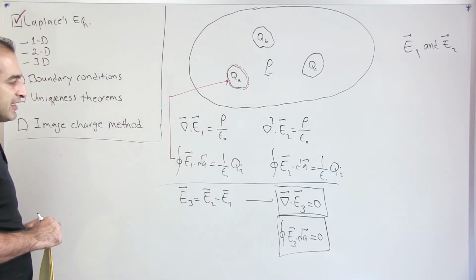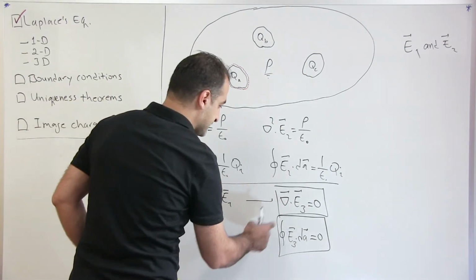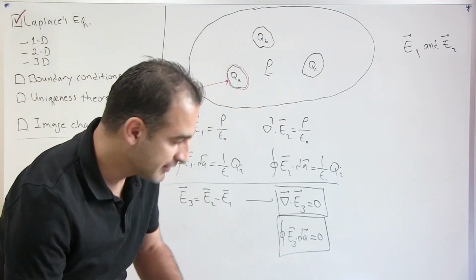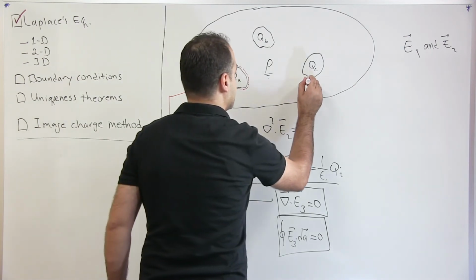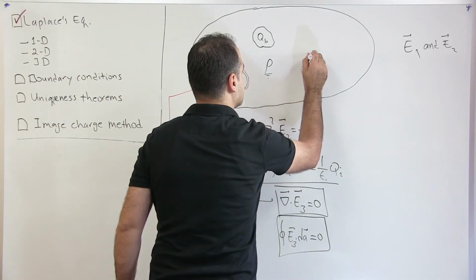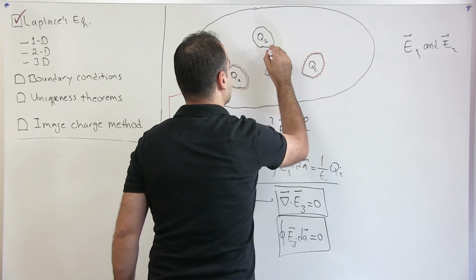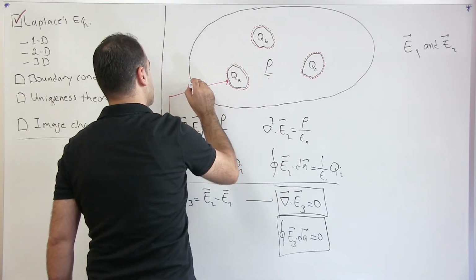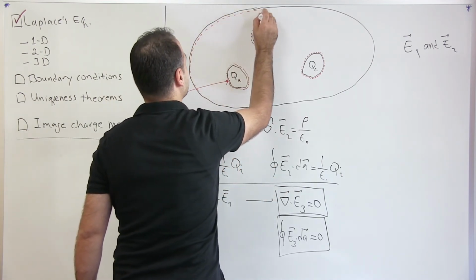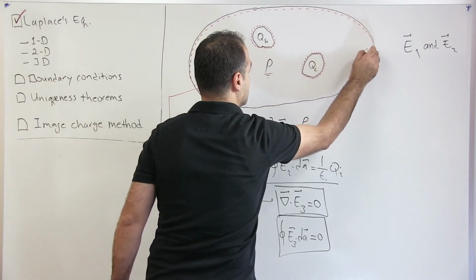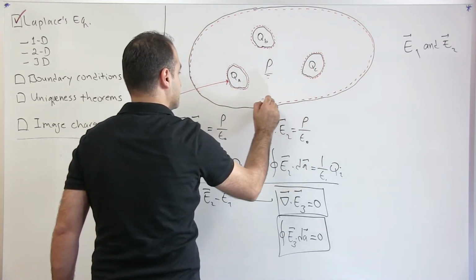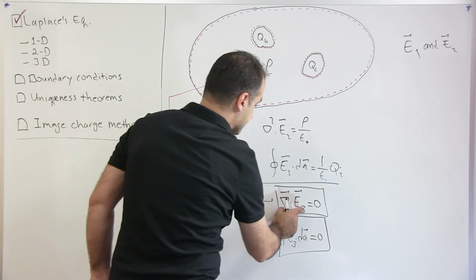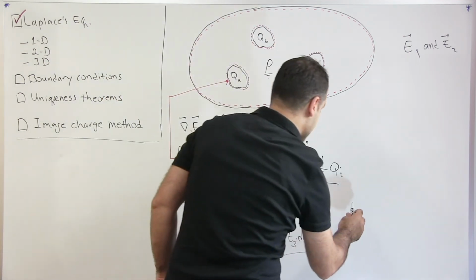If the divergence of E3 is 0 everywhere, and we run an integral over all the boundaries that cover the conductors, let's say this one as well, and this one as well, and also the exterior boundary, if we calculate the integral of E3 dot dA over all this area, that must be 0 as well.